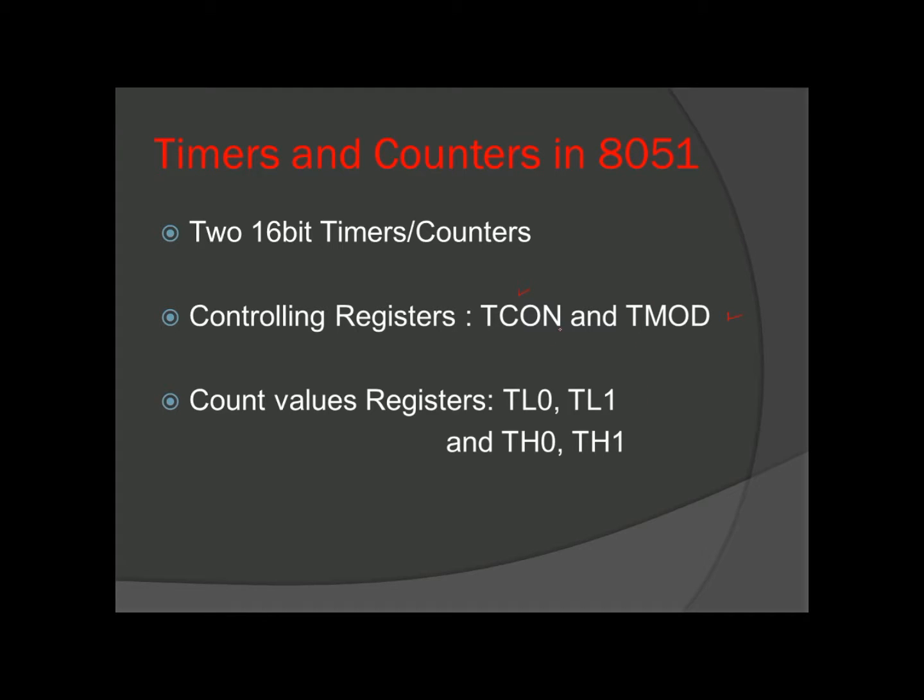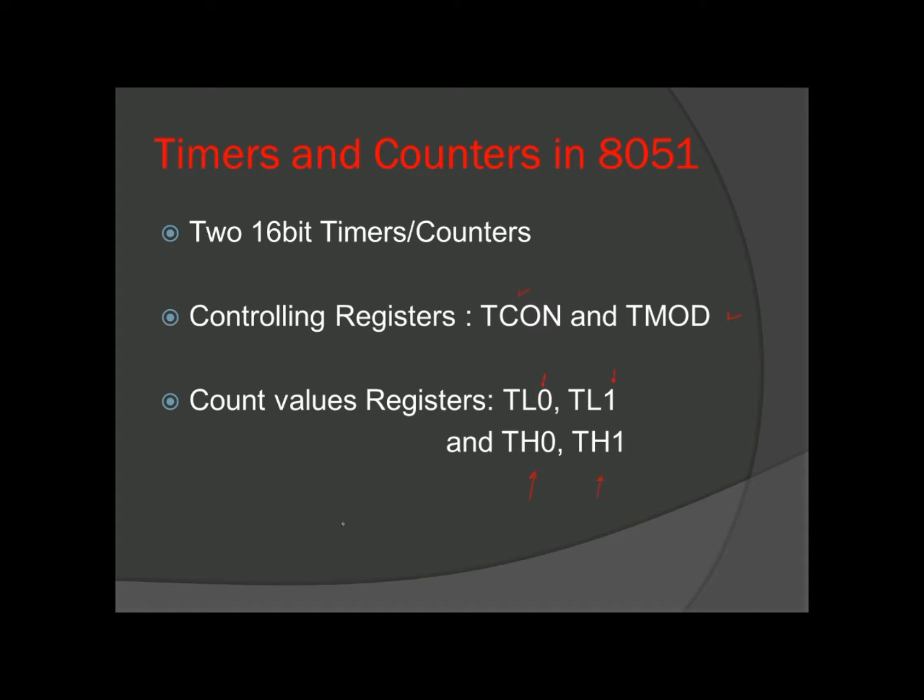The count values corresponding to timer 0 and timer 1 are kept in TL0 and TH0, TL1 and TH1 respectively. This 0 means the register corresponds to timer 0, and this 1 means TL1 and TH1 correspond to timer 1.